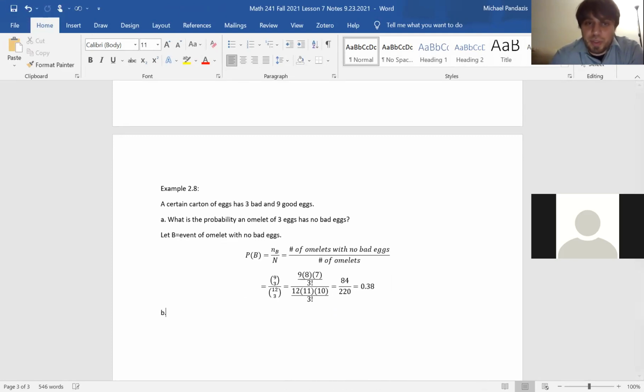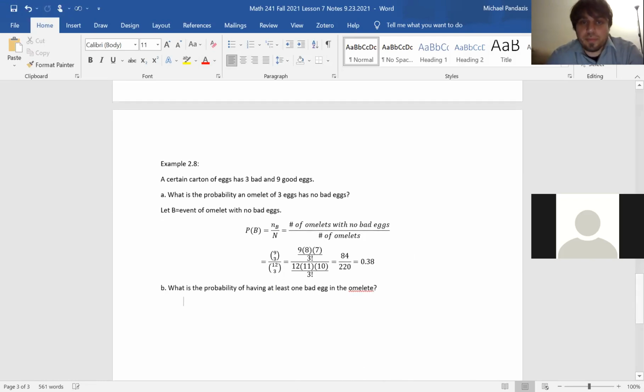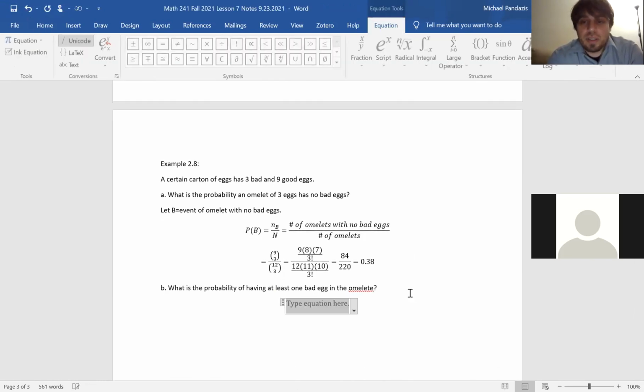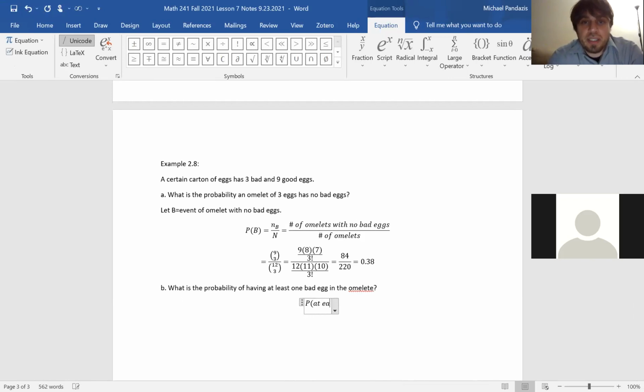Okay, so here we're using combinations. Part B: what is the probability of having at least 1 bad egg in the omelet? Well, the probability of at least one bad egg is equal to 1 minus the probability that there is not at least one bad egg.